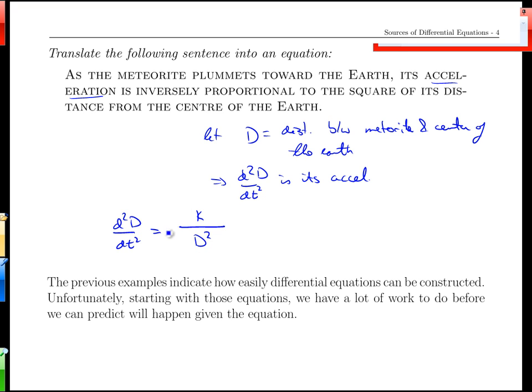And again, we could do some analysis of signs here and ask, well, is the acceleration positive or negative? And we'll leave that for now, though, because that would take a little more study than this example really needs. All of these are showing us that by understanding or making some statement about a system, we can fairly quickly get to a differential equation model for it.